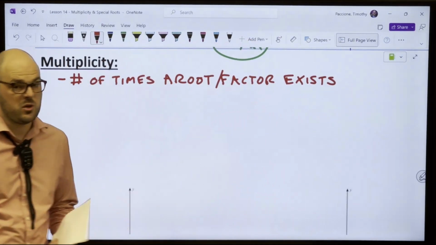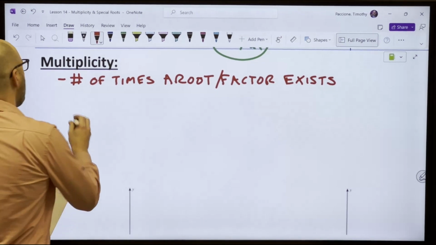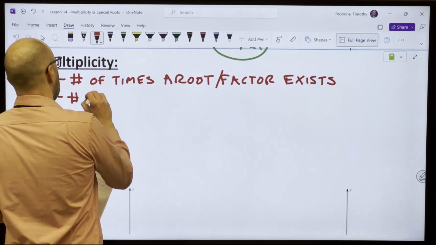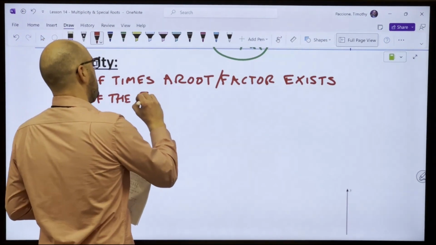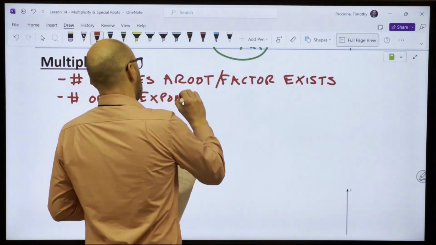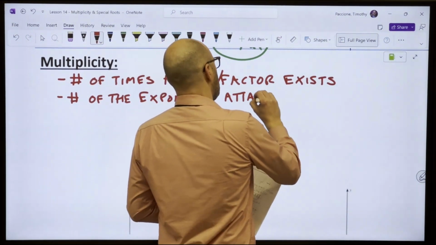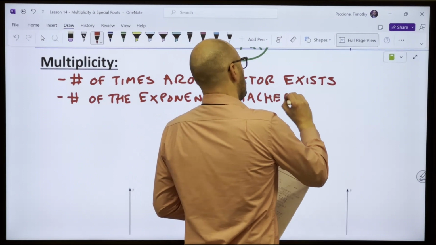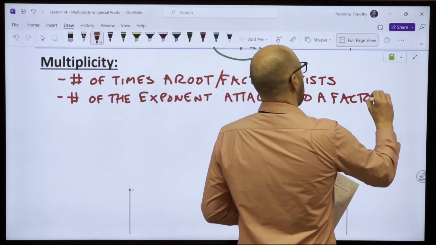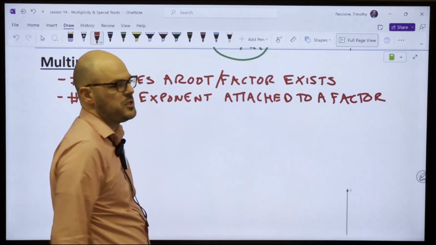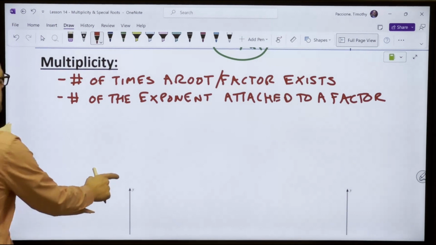It's the number of times you're multiplying a factor or the number of times your root exists, right? It's also the number of the exponent attached to a factor. And there's more than just 3 multiplicities. We're only talking about 3 in this class, right? We're going to get to 3, okay?